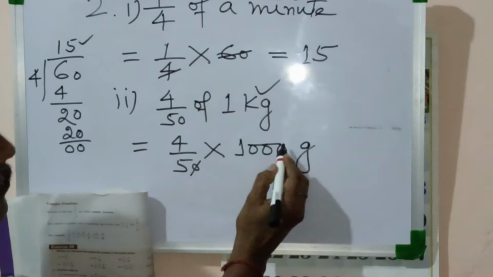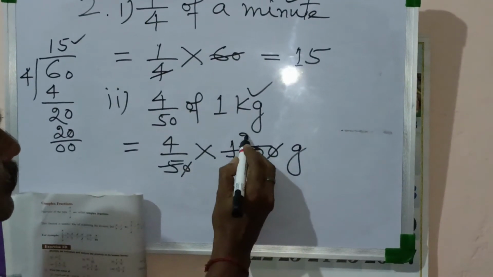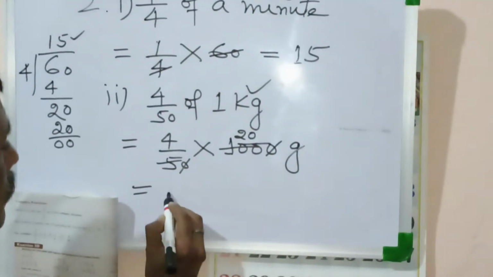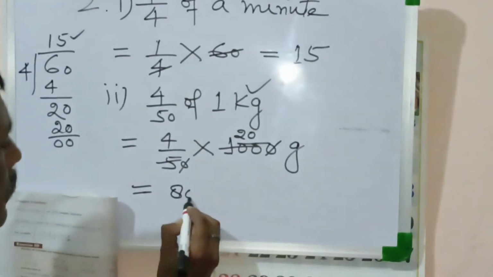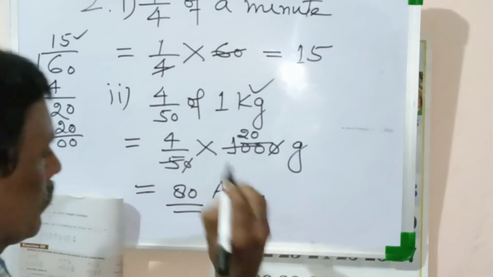Now this 0 will cancel with this 5. Here 10, it will come 20. 20 into 4, 4 twenties are 80. Okay. So this 80 is the answer.